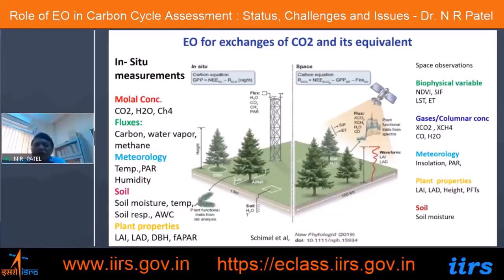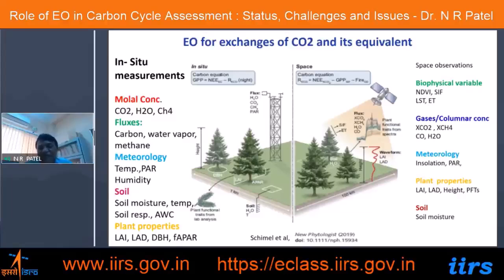There are different kinds of in situ measurement and observation you can derive from space. For in situ measurement, globally there is a growing network of observation sites, particularly flux tower sites, by eddy covariance, which have the ability to measure energy, water vapor and carbon dioxide exchange between the vegetation system and the atmosphere.